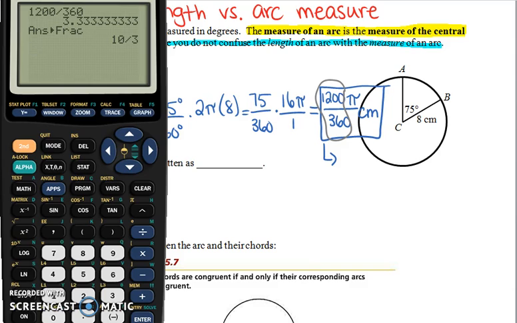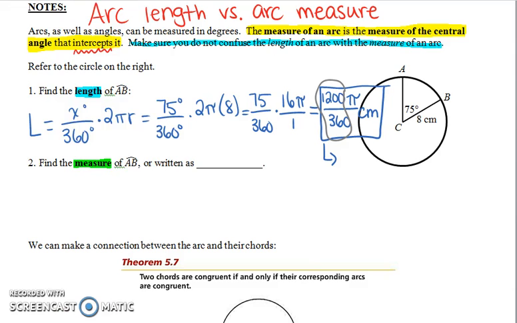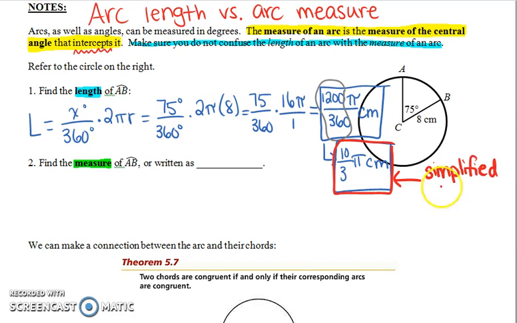So going back to my notes, I'm going to rewrite 1,200 pi divided by 360 as 10/3 pi centimeters. Again, not to confuse you, these are both correct answers. However, this answer is the simplified final answer.